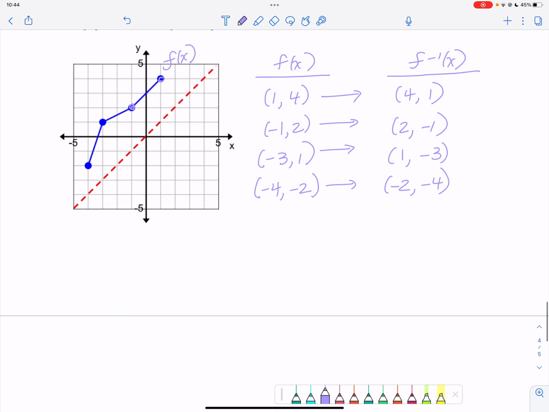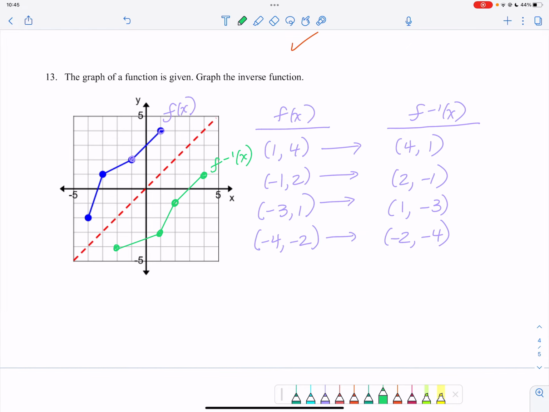So if we plot these for 4, 1, 2, negative 1, 1, negative 3, and negative 2, negative 4, and we connect these, we now have a graph of f inverse of x. And that concludes this section.